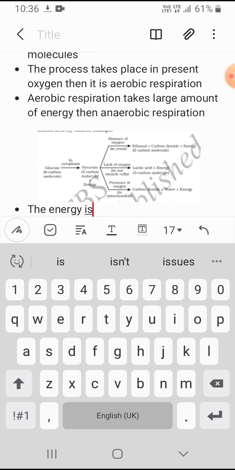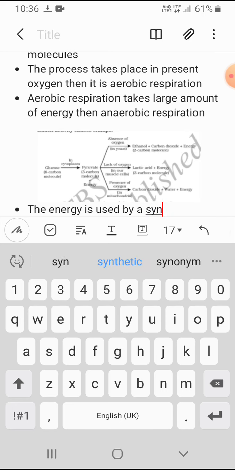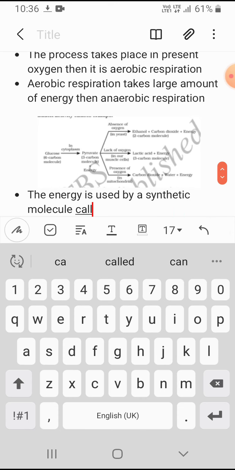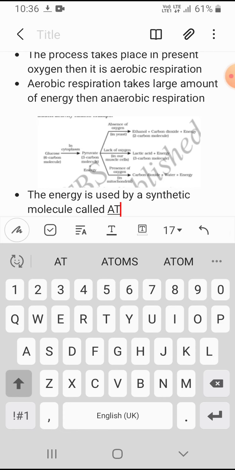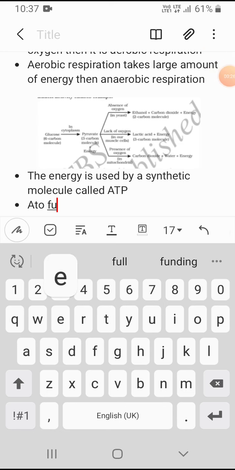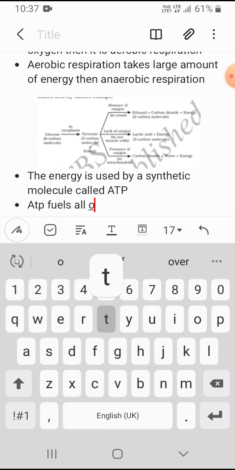After this, the energy is used by a synthetic molecule called ATP. ATP uses the energy that comes from this respiration. ATP fuels all the other activities of the cell.